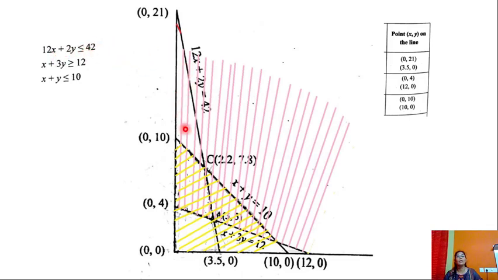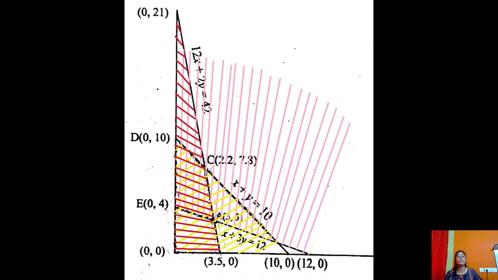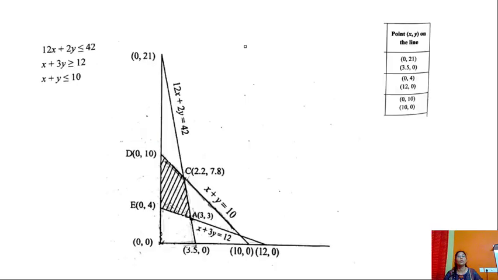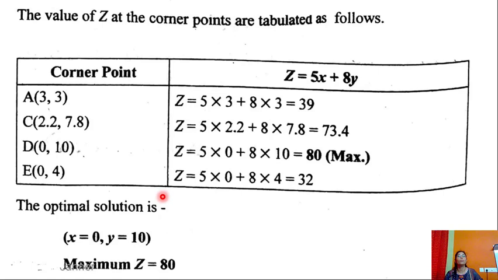So now we will get this region being highlighted. So this will be the common region where we have 4 points, that is A, C, D and E. So let us tabulate those points, and we get the maximum z as 80. So our optimal solution is x is equal to 0 and y is equal to 10.